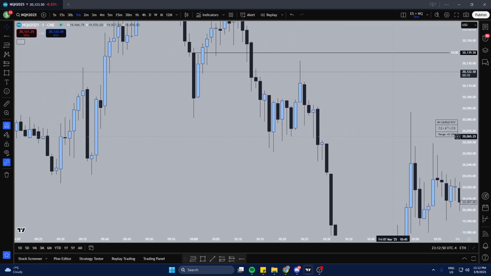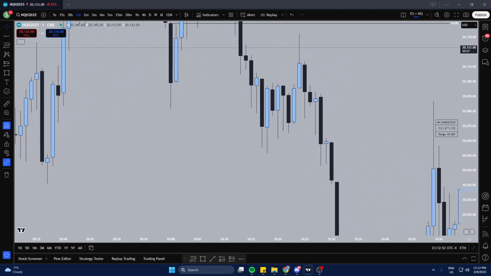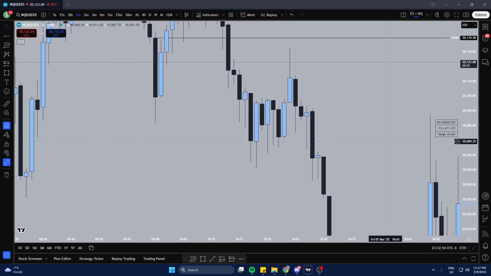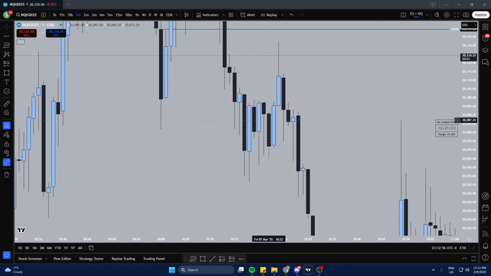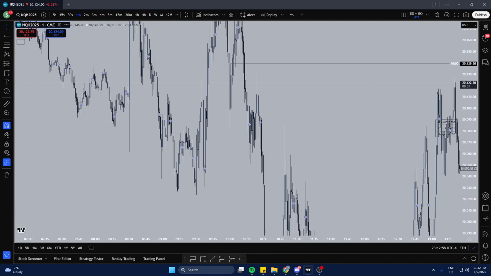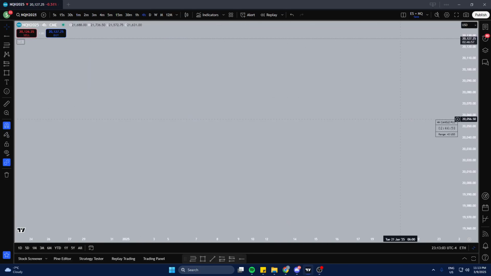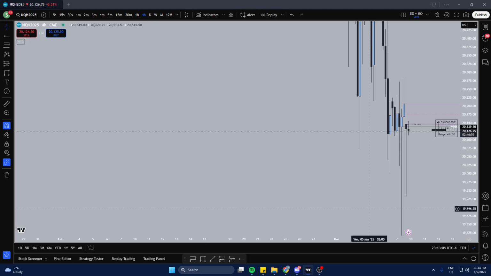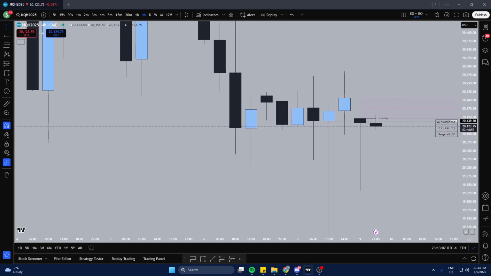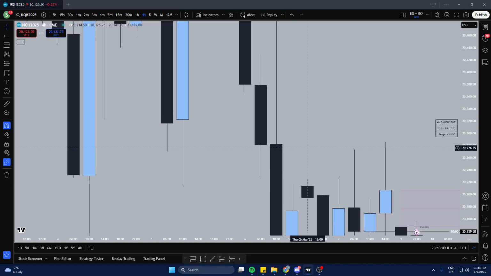Let's teach you guys about little AMD, PO3, Power of 3. How PO3 is mainly used and how it works, you can see here a classic example.